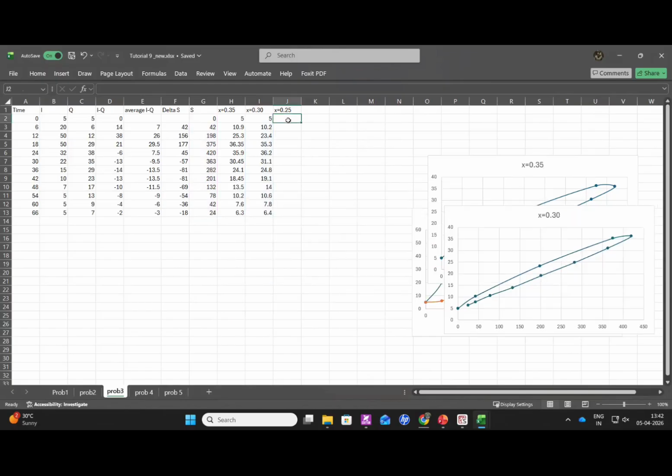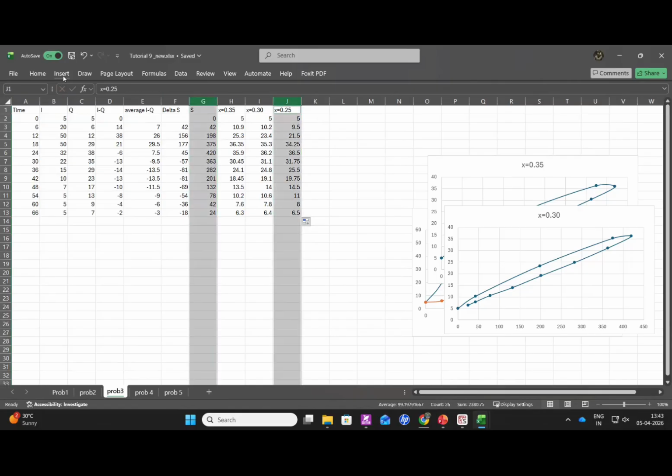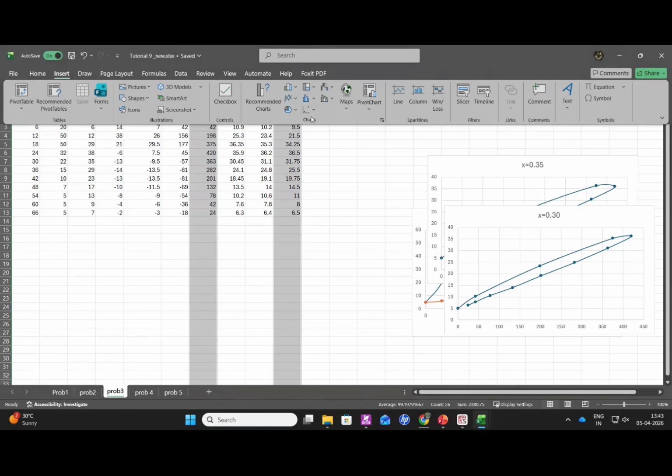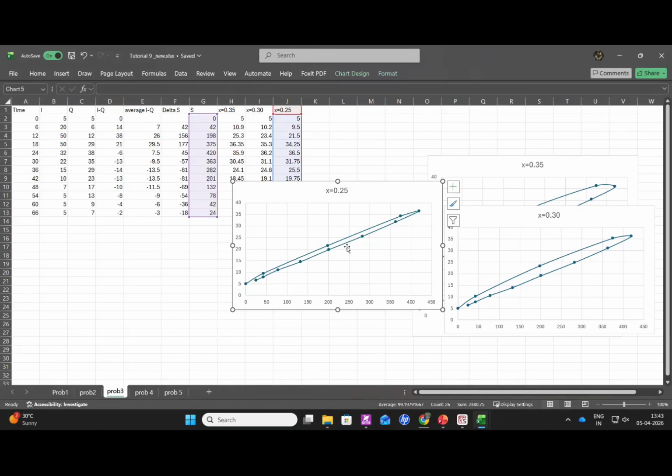So we can go with the 0.25 value also. If we plot S versus X, yeah, the lines are very close to each other.